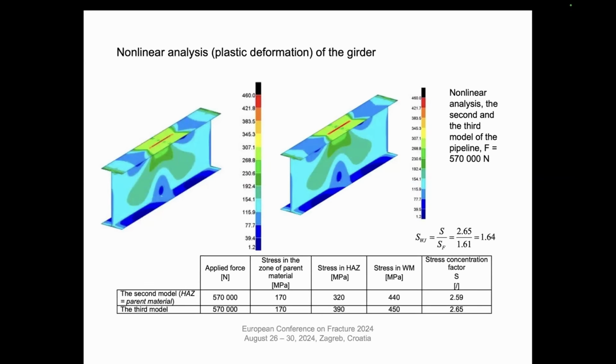In the third one, all three zones have their own properties. Those would be their stress concentration factors. Considering the situation without welded joints, the stress concentration factor with shear stress and bending stress is 1.64, and with membrane stresses, it's 1.5, I think.